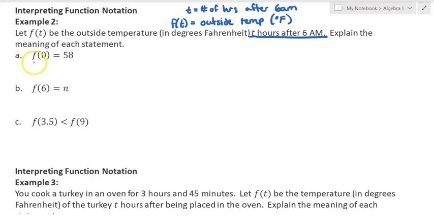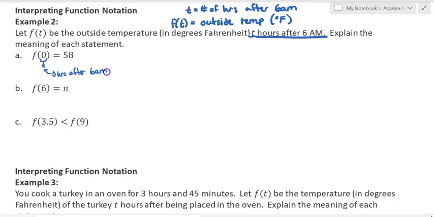All right, this says f of 0 equals 58. So the 0 is the input, which is the t. So t is the number of hours after 6 a.m. So that means 0 hours after 6 a.m. is what that's talking about.